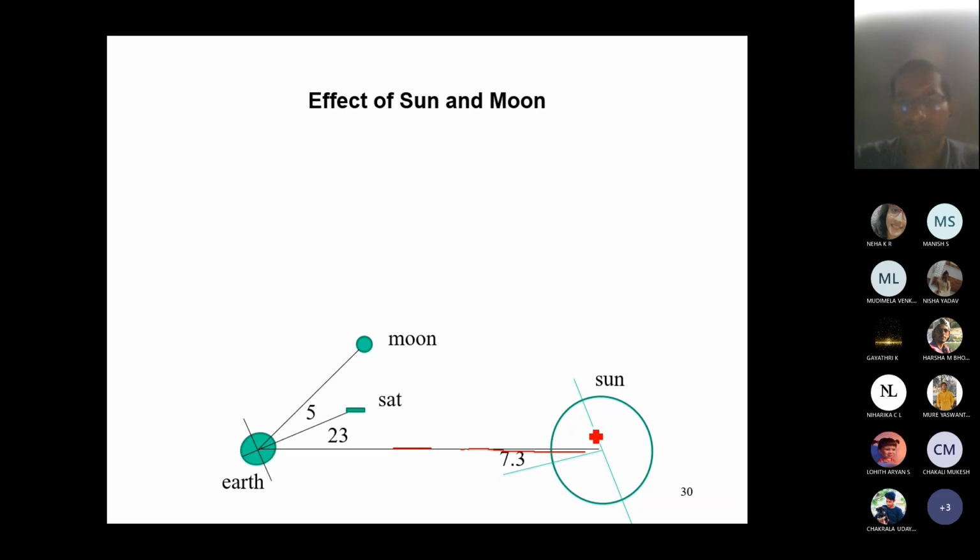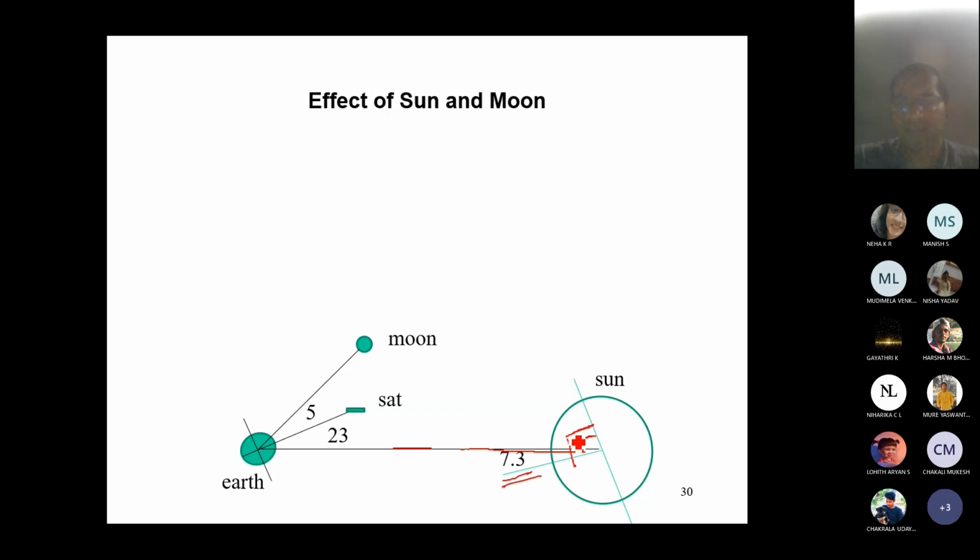But look at the sun here. The axis of the sun is not 90° with respect to the orbital plane of the Earth. That means the sun itself is tilted. The sun is a little bit tilted. Get the point? So how much angle is the sun tilted? 7.3 degrees. So that means this angle is not 90°.